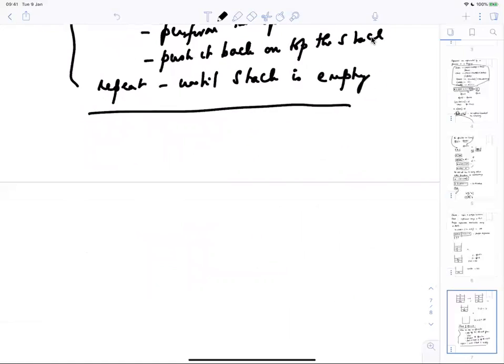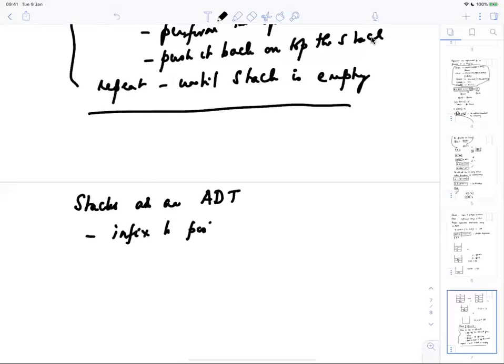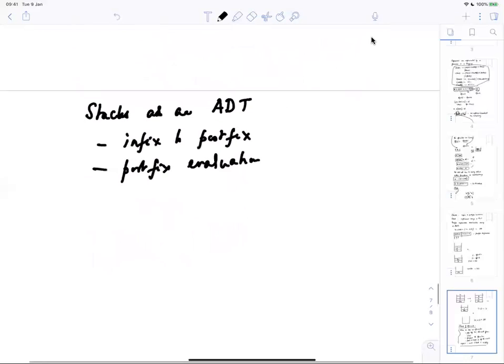So we have seen stacks as an ADT, and we've seen applications of stacks, infix to postfix, postfix evaluation. Interestingly, even converting a postfix expression to infix will also use a stack.